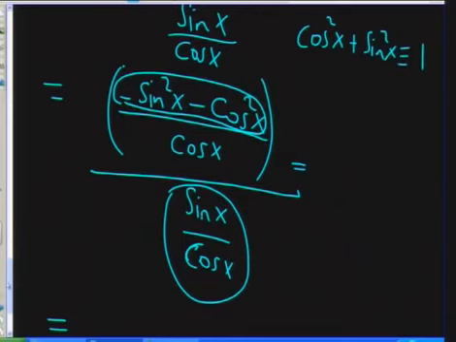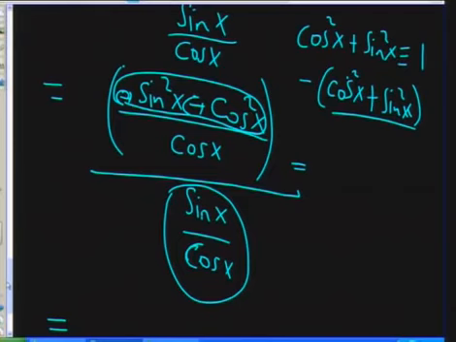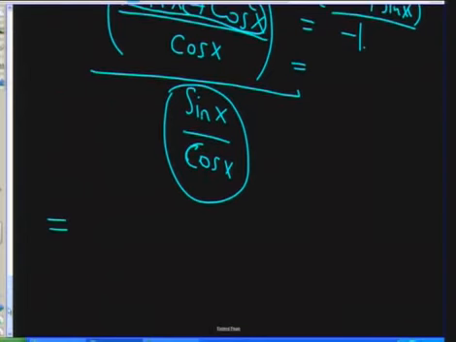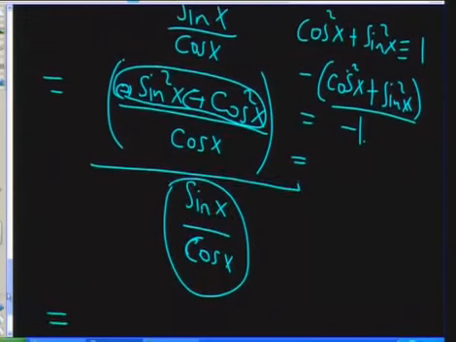That's an identity. So if I factor out the negatives, our numerator is going to be negative, cos squared x plus sine squared x. But remember, this inside the bracket is equal to 1, so the numerator can actually be expressed as negative 1.